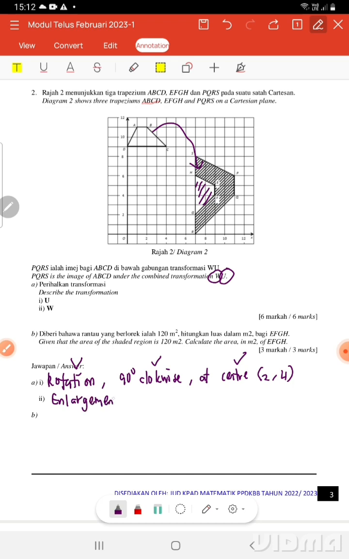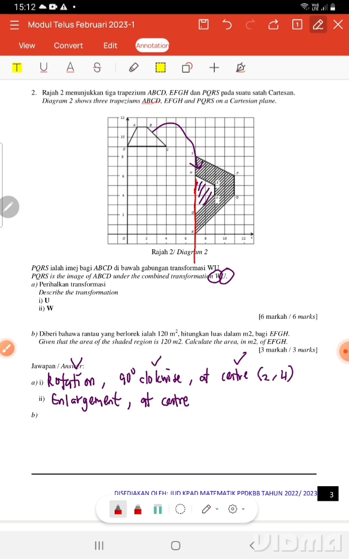So enlargement. Then same like the first question, we need to put the center and scale factor. Center again to the line. So G will go to R. Let's write the line.